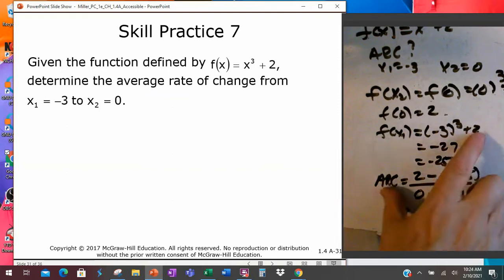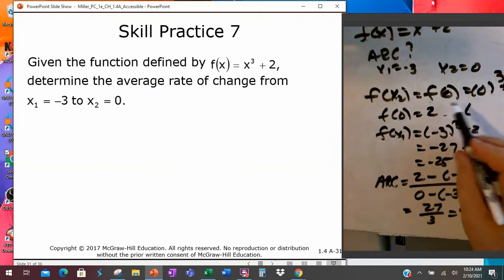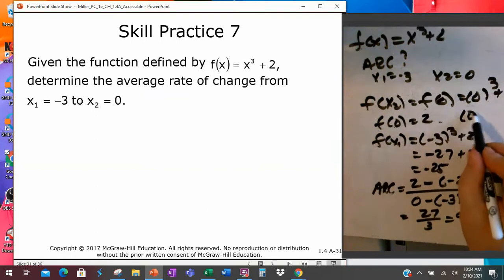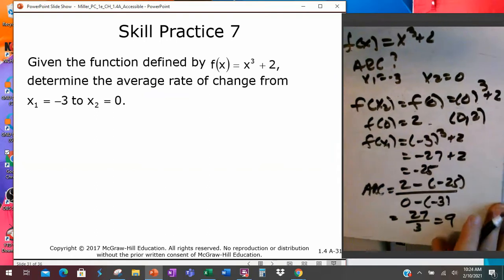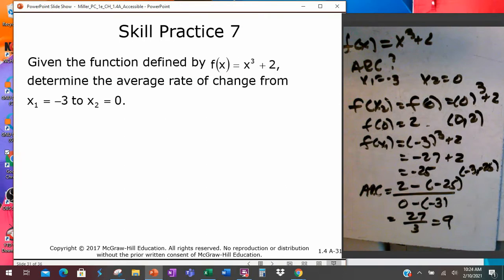That would be the slope of that secant line, and I could then find an equation of that line because I know the slope and the points that it goes through. The points would be 0, 2, and it would also go through -3, -25.